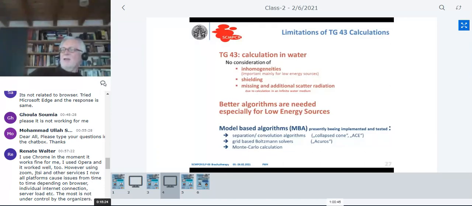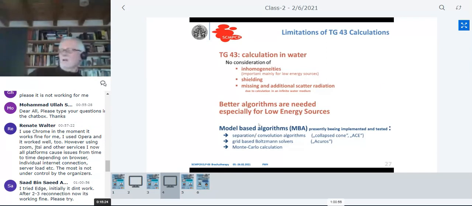You actually receive slightly lower doses than TG43 calculates, and in a dense material like bone, you will get a higher dose than TG43 calculates. So for experimental work, you can use the model-based algorithms. They are still in tests. I think they're not that ready for clinical use. I believe Renata Walter is going to show you more about model-based algorithms tomorrow.